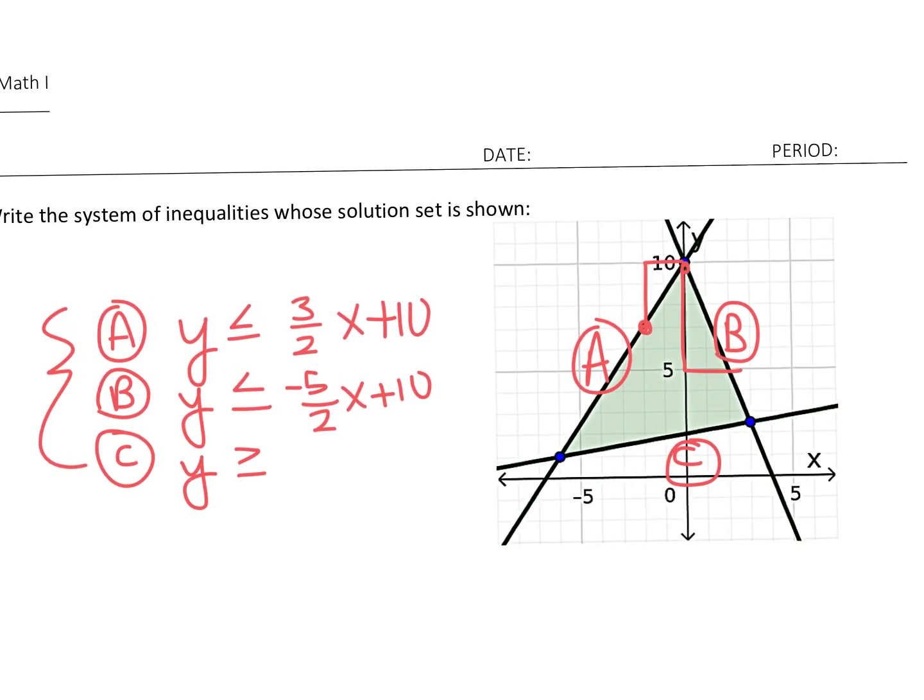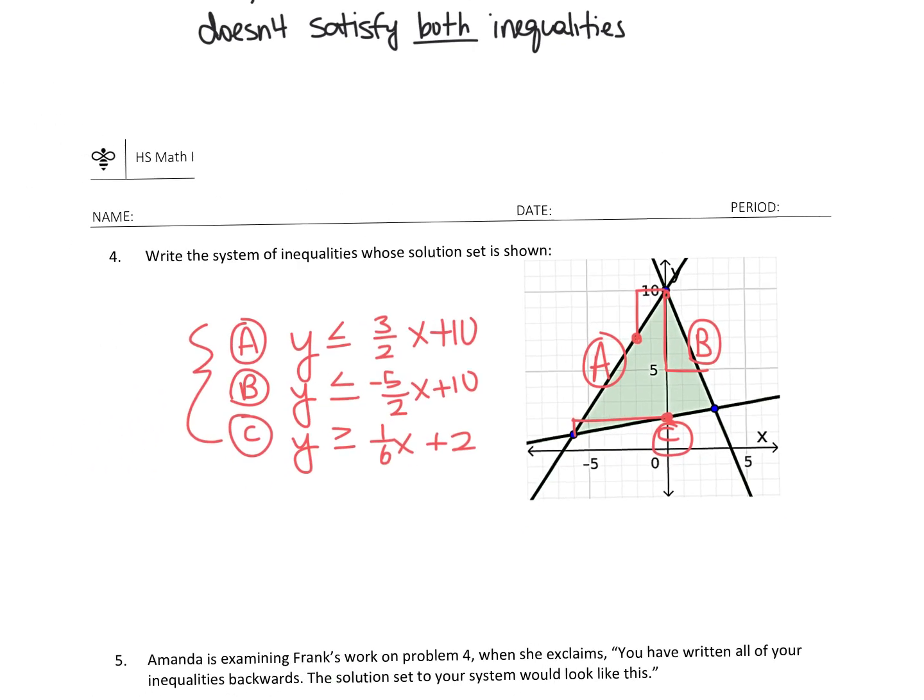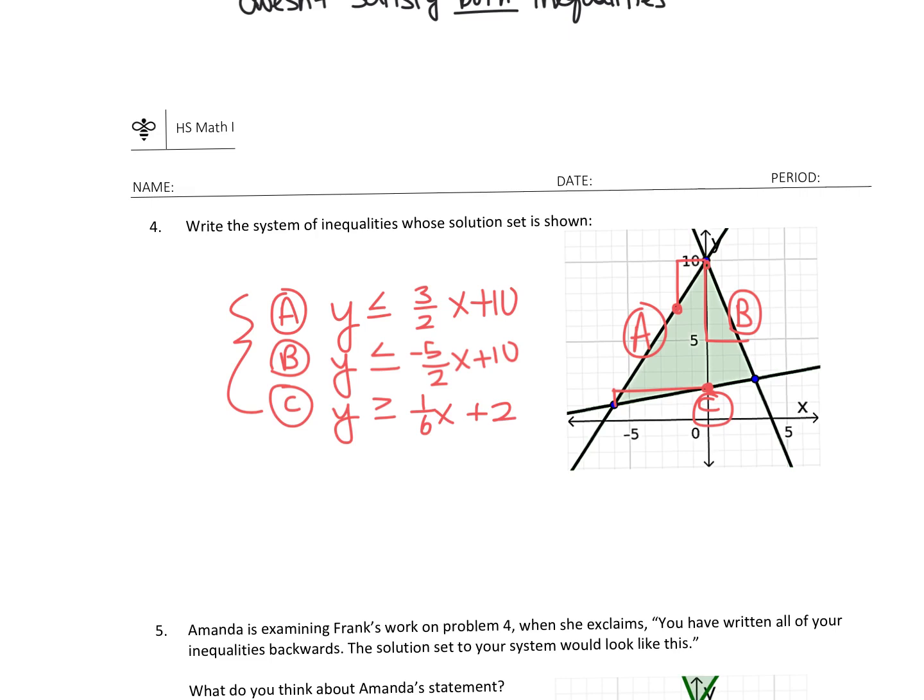And I think that the slope is up 1, right 6, so 1/6 x, and then it crosses over here at plus 2. So when you write the inequalities that represent a system of inequalities, again, it's just easier to write them in slope-intercept form.